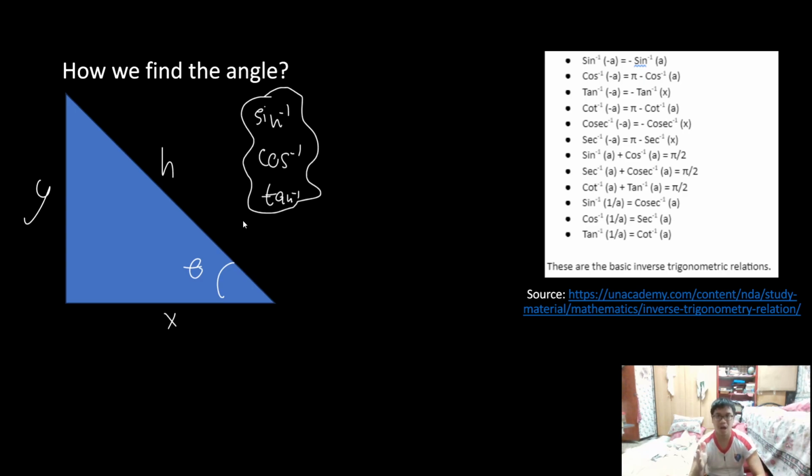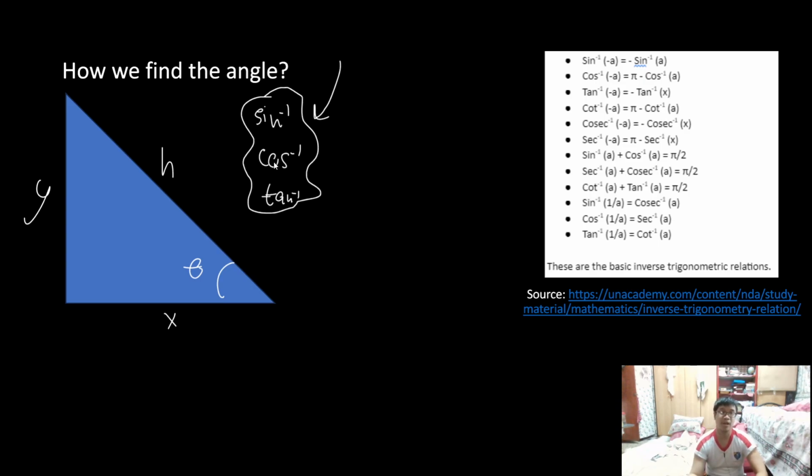They don't usually use arcsecant, arccosecant, or arccotangent to find the angle. So if you're not sure about arcsecant, arccosecant, or arccotangent, just know these three basic inverse trigonometric functions. At least if you know these, there would be no more problem.